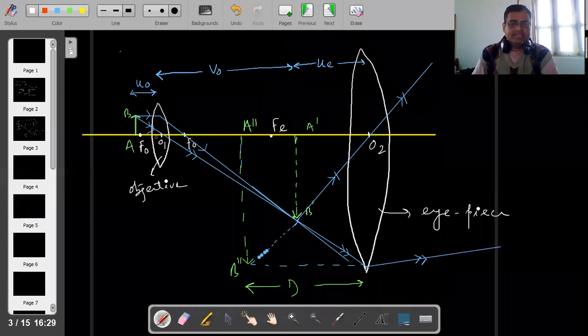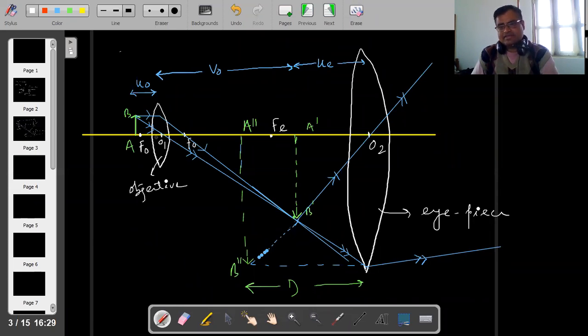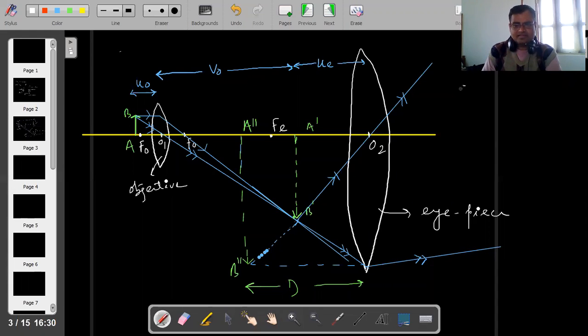This image A dash B dash behaves like a virtual object for the eyepiece.